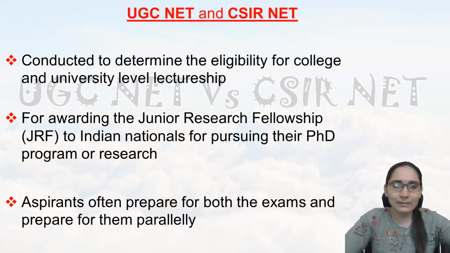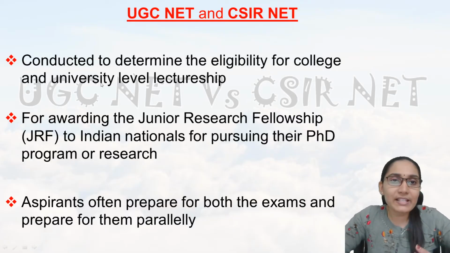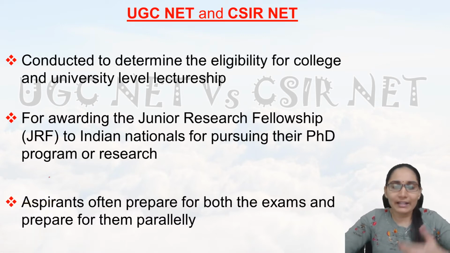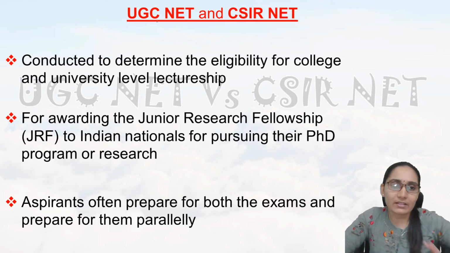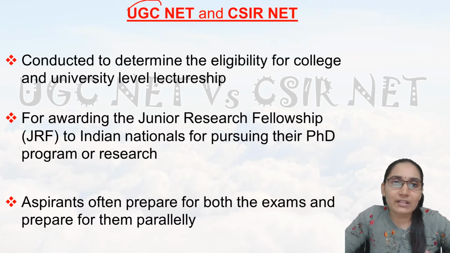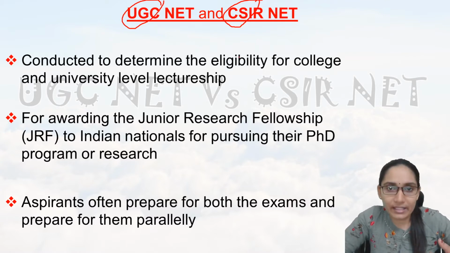Let's begin. So we will see what is this UGC NET and CSIR NET. First of all, we will see what are the similarities or the common factors. Both these examinations, that is the UGC NET as well as the CSIR NET, are conducted to determine the eligibility for college and university level lectureship.